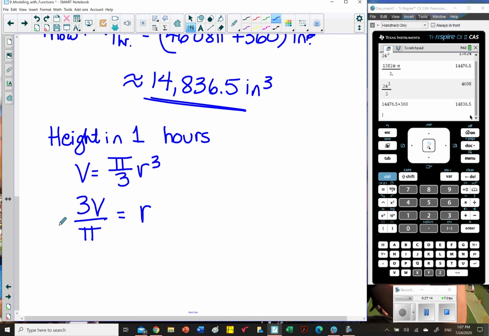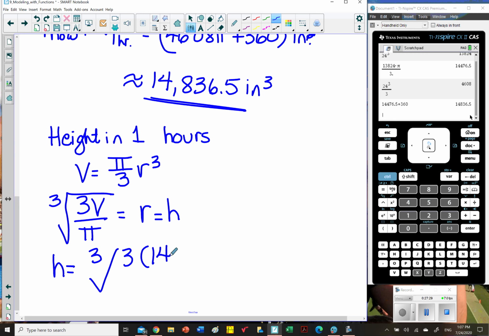So r cubed is the cube root. Oh yeah, we did need this number then, didn't we? So r is the height. The height is 3 times the volume. Here, I thought I was doing something I didn't need to do, but I did need it after all. Divided by pi. So we're looking at the cube root.